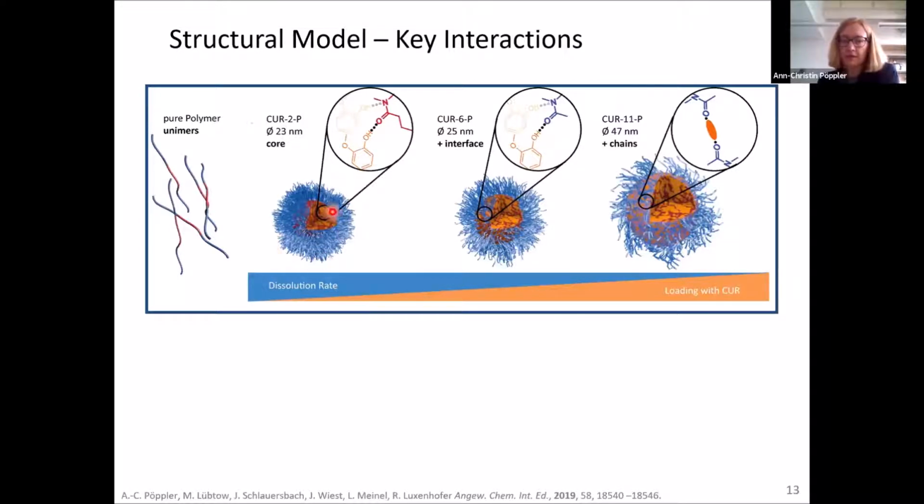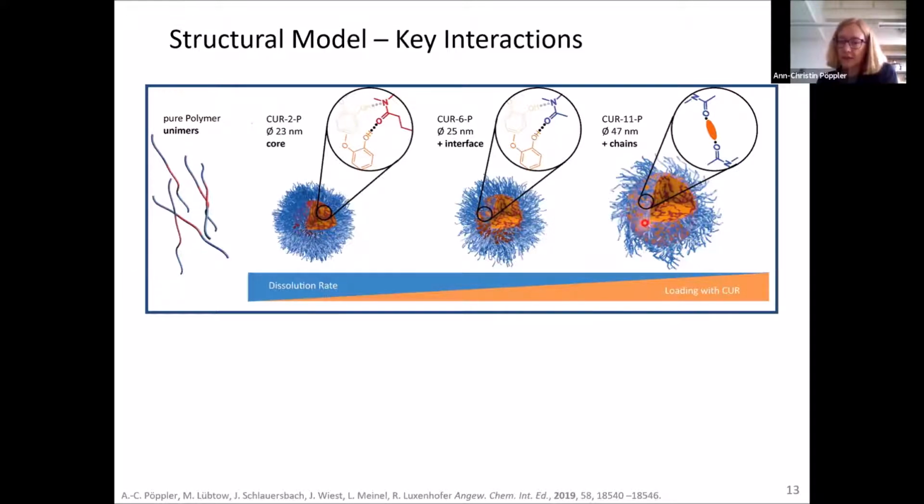So if we think of low loading, we have lots of coordination spheres in the hydrophobic core that are available to coordinate the curcumin. But as we put more and more guests inside of these particles, these positions get saturated. And then we need the hydrophilic arms from the interface and also from further away to stabilize if we want to incorporate more and more of our guest molecule.